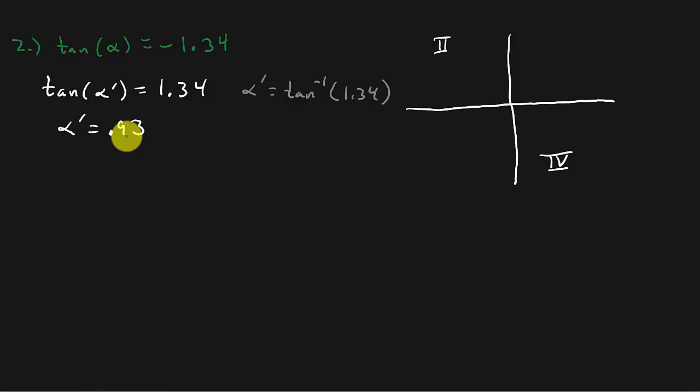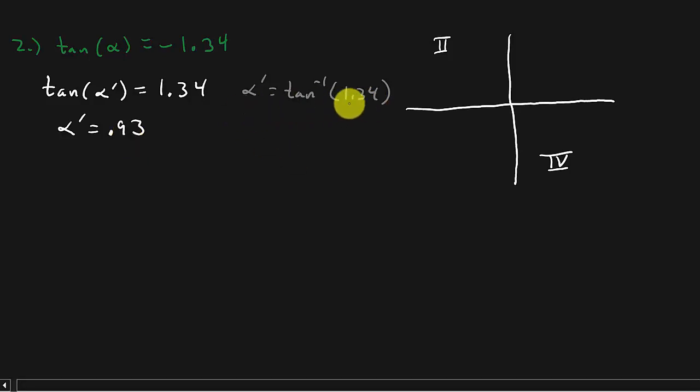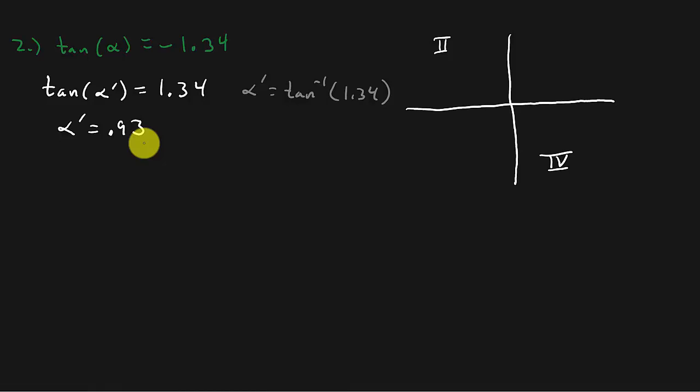Now you might be saying, well, I punched that into my calculator. I didn't get 0.93. You might be saying, when I put that into my calculator, I got 53.3. And if you got 53.3, that is correct. But what's the problem? That's in degrees.